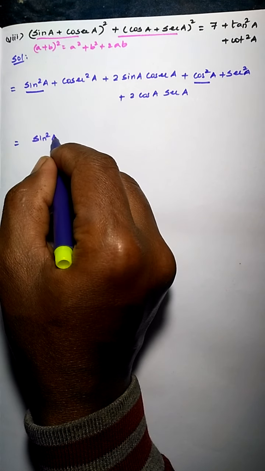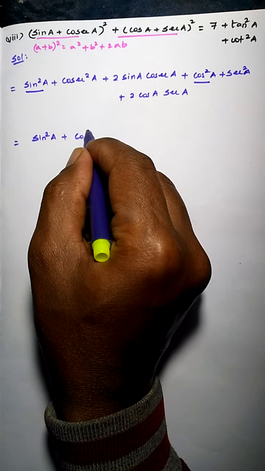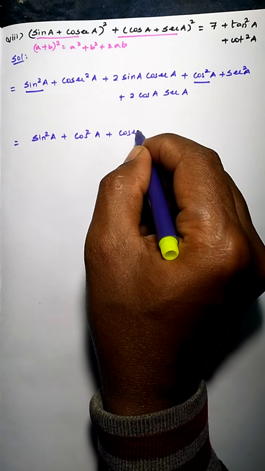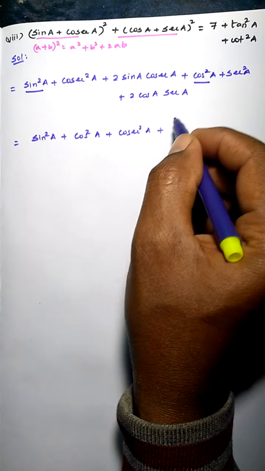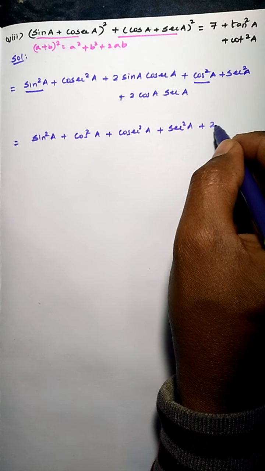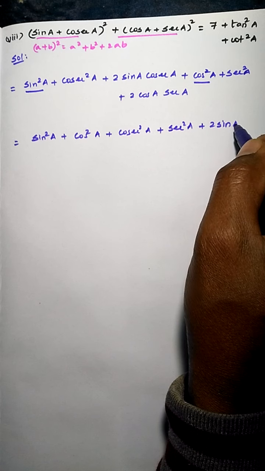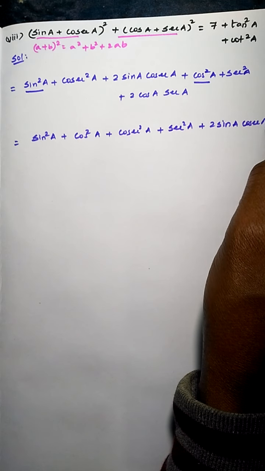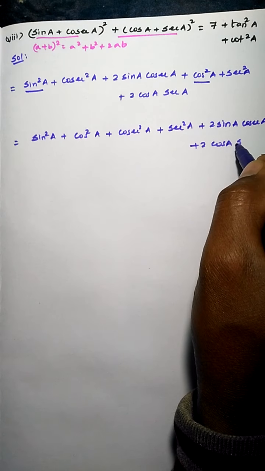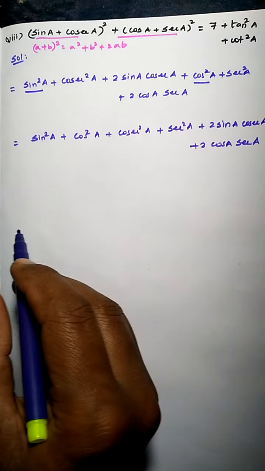So sine square A plus cos square A, remaining we have cosecant square A plus secant square A plus 2 sine A cosecant A plus 2 cos A secant A.